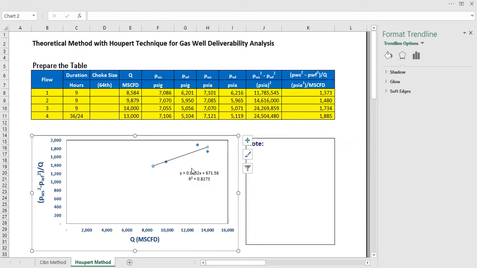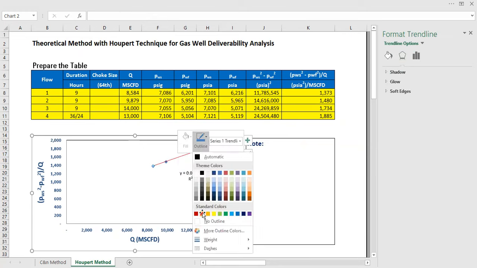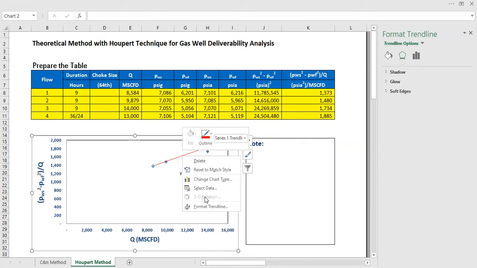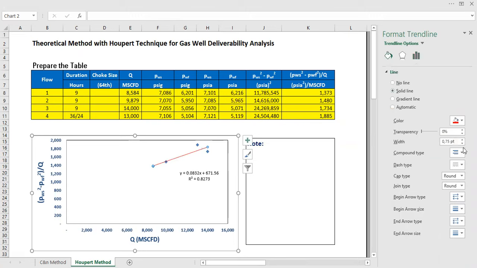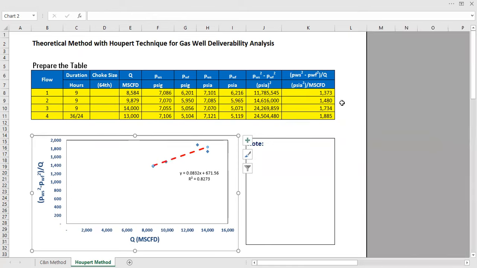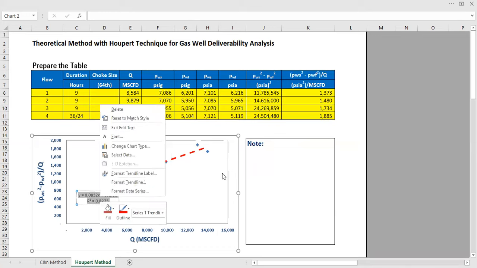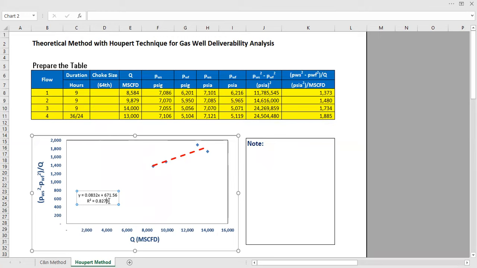And I just want to color it red, and it's quite thick and dashed. Want to make it quite thick like this. Okay. And I want to make this bigger. Sorry. Let's say 15 because this is important.